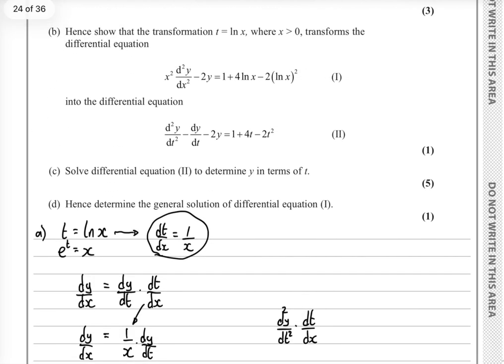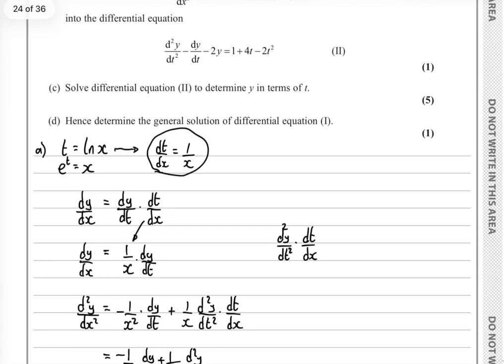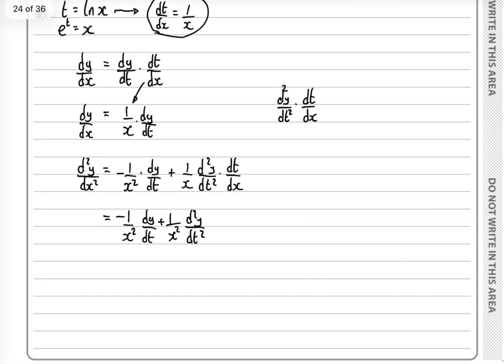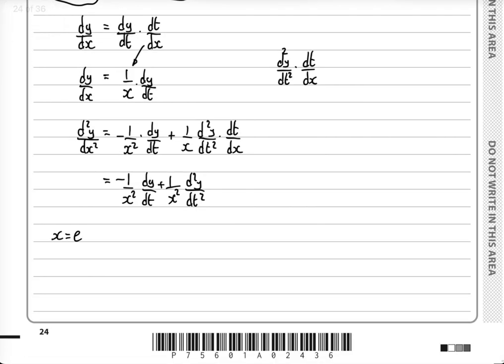And now in terms of t, we don't want any x's at all. But we also know here that x is equal to e to the t. So I can substitute that in now. I get the second derivative of y with respect to x is equal to minus e to the minus 2t, if I put e to the t in there, and in here we get plus e to the minus 2t.